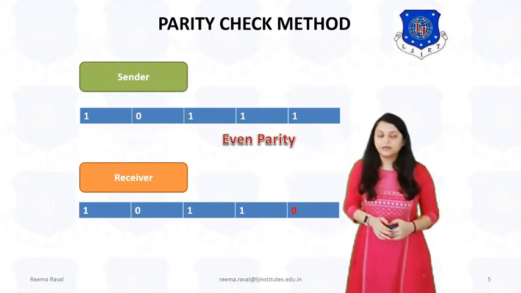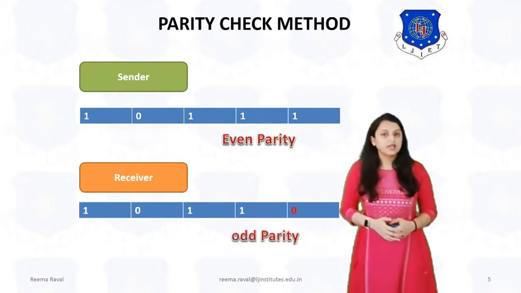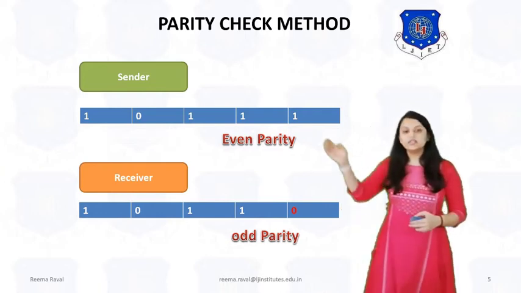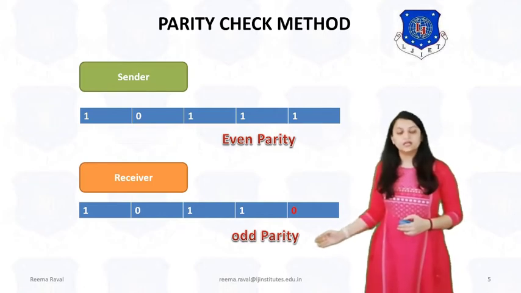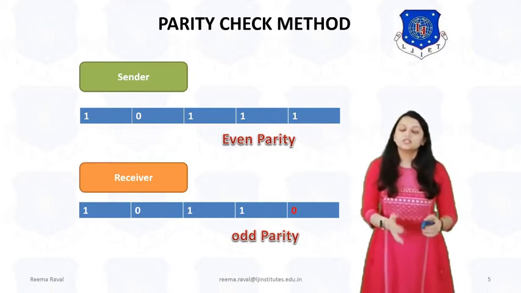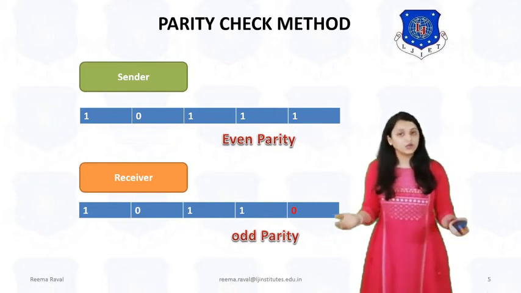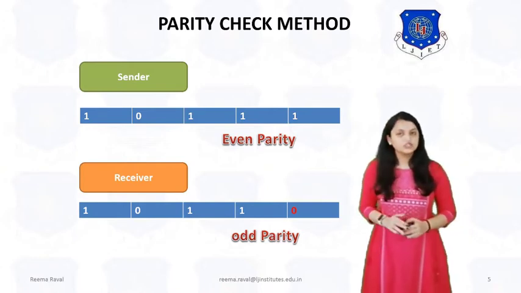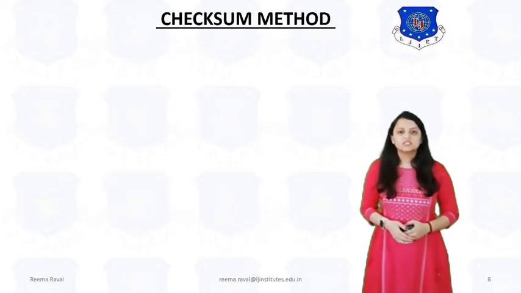That means there is an error. Here the parity is odd parity. So the sender has even parity and the receiver has data with odd parity, so the receiver will understand that the parity does not match and there is an error. But using this, we cannot correct it. Next is the checksum method.